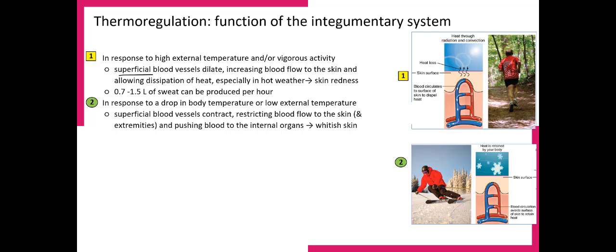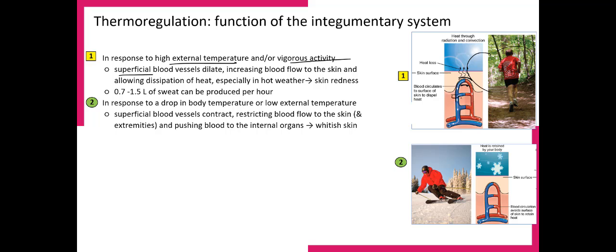They respond to either a hot external temperature or vigorous activity, like this guy jogging. What happens is that the superficial blood vessels become larger. They dilate to allow more blood to go through.